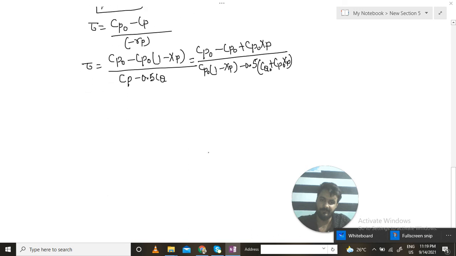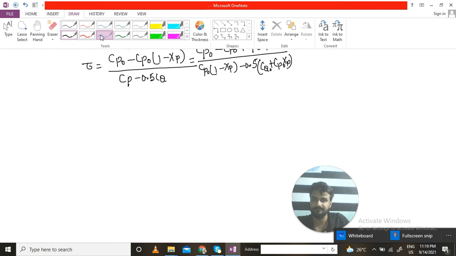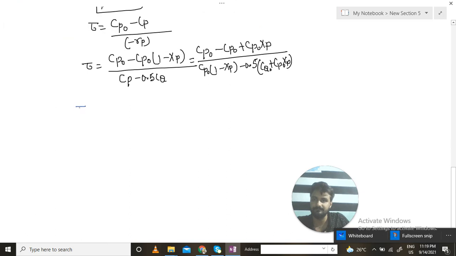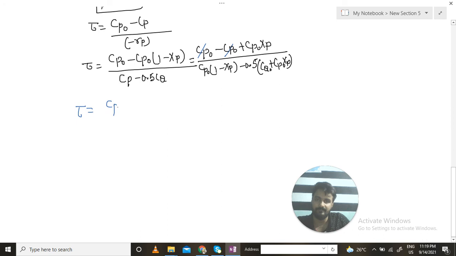Now again I am referring to it finally. Here you can write that the space time tau is equal to, here Cp naught will get cancelled out. So here you can write Cp naught Xp upon Cp naught.